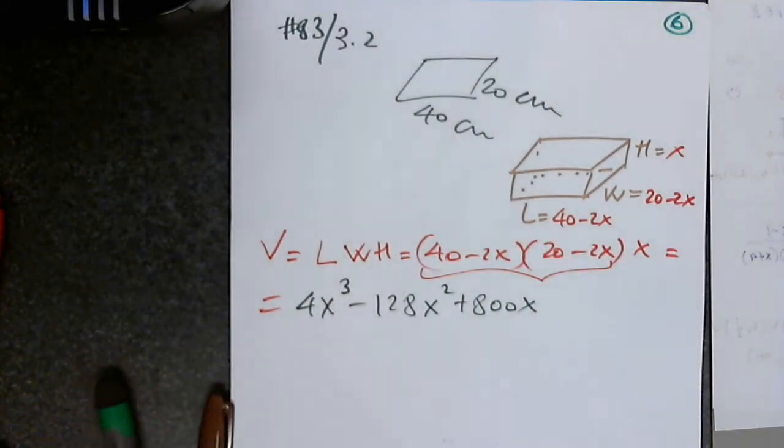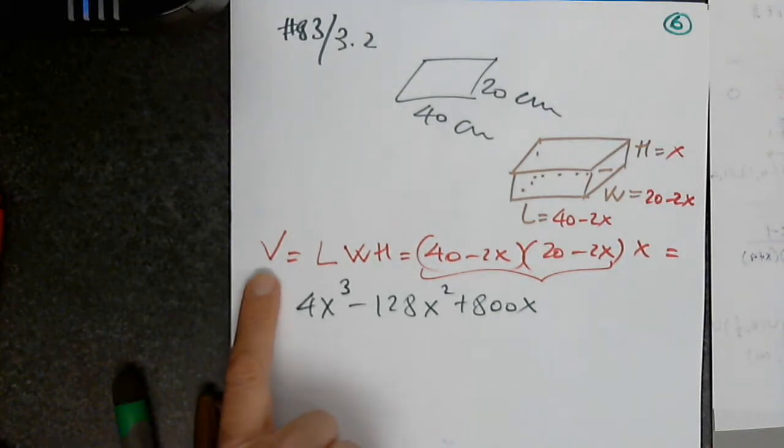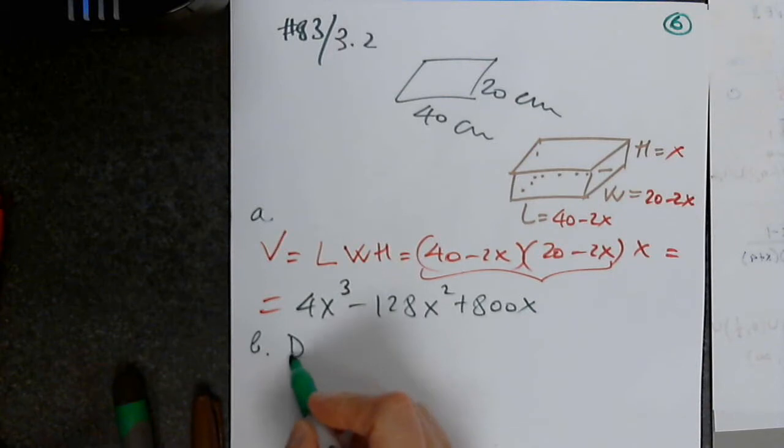Okay, good. So part B. What is the domain of V? Use the fact that length and volume must be positive, of course. Look at the way we built V. So this is part A, and in part B we want the domain of this function.